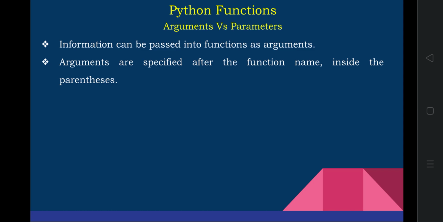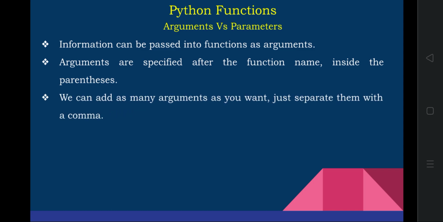What is the use of parameters? Information can be passed into functions as arguments. That means we can pass data to the function as arguments, and arguments are specified after the function name inside the parentheses. So after the function name, we put a bracket and write the variable list. They are all the parameters.